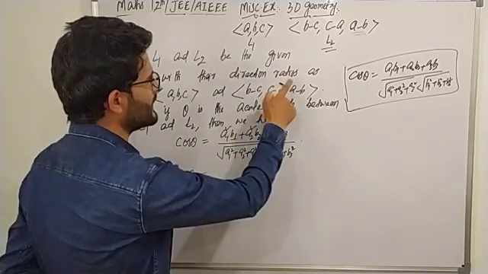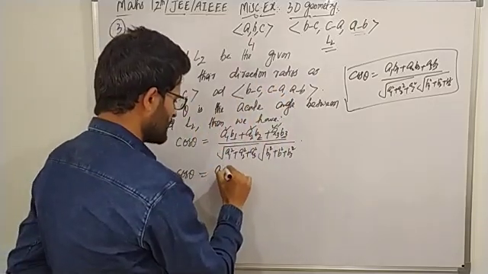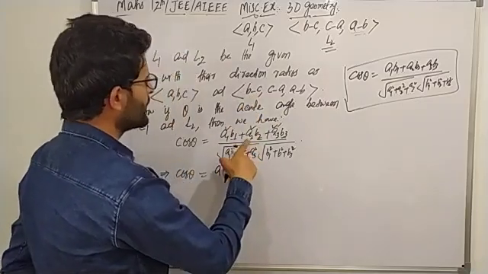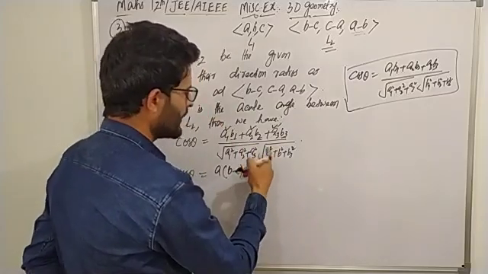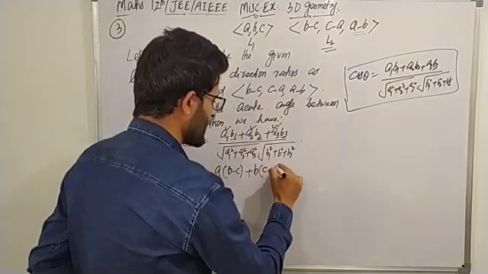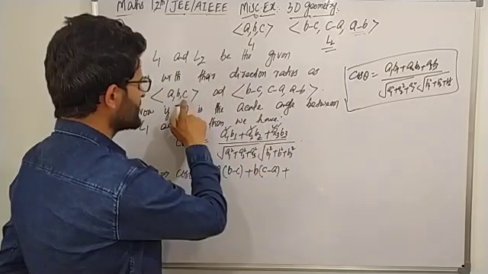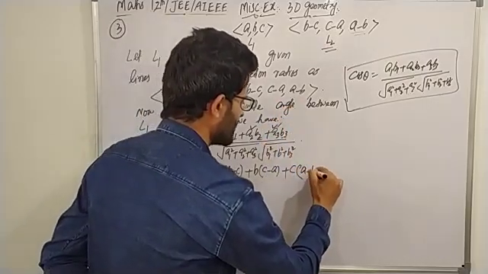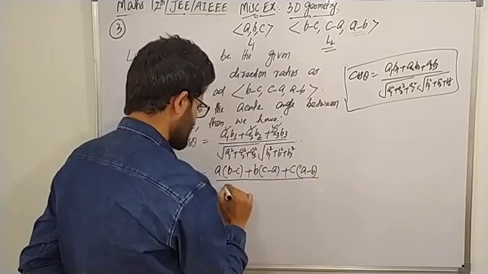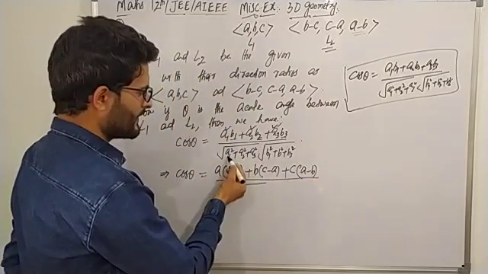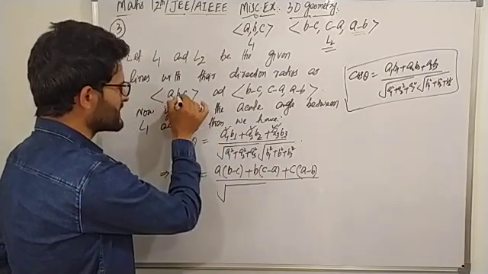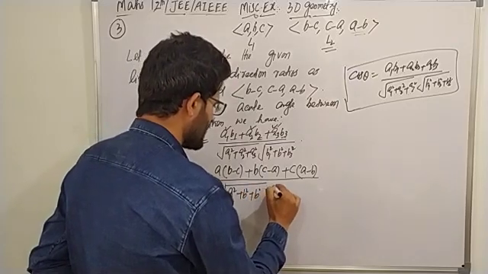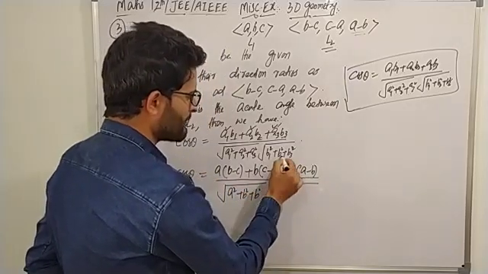So put the values. A1 के बदले A, so A into B1 के बदले B minus C, so B minus C plus A2, A2 के बदले B, so B into, instead of B2 we have C minus A, so C minus A plus A3 B3, instead of A3 we have C and instead of B3 we have A minus B, divided by square root of A1 square plus A2 square plus A3 square means A square plus B square plus C square into square root of B1 square plus B2 square plus B3 square.